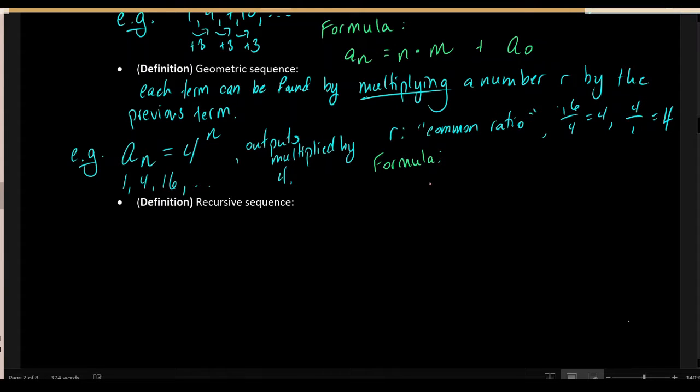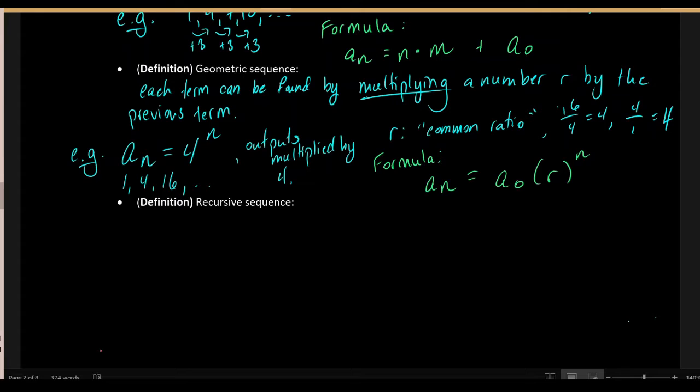If you want to find the value of a sub n, then all you have to do is take the first term in the sequence, a sub 0, and multiply it by the common ratio to the power n.